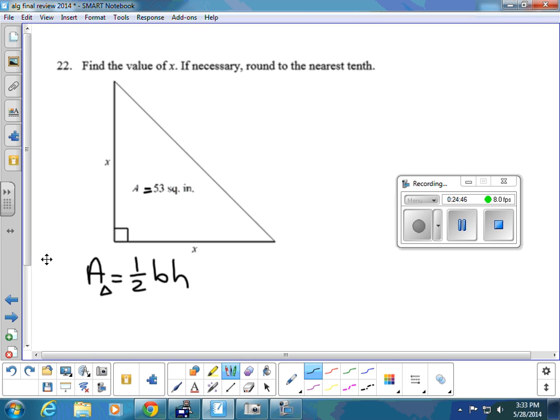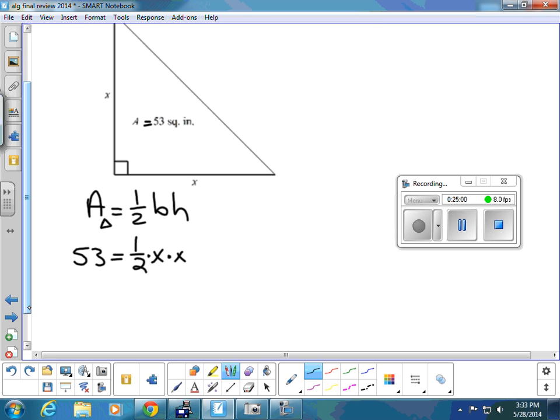In our situation here, we can fill in 53 because it's the area. We have 1/2, or we could use 0.5. The base times the height would be x times x. That cleans up even more: we could say 53 equals 1/2 x squared, because x times x is x squared.